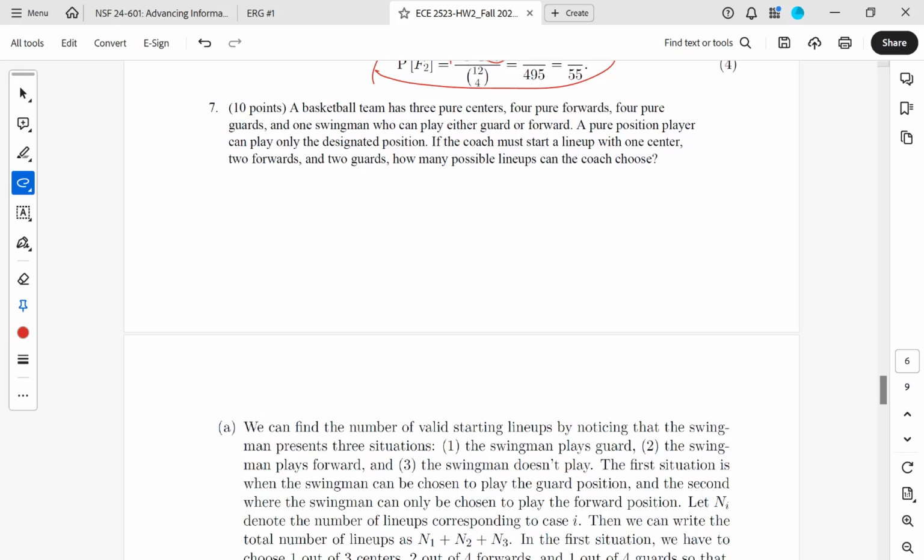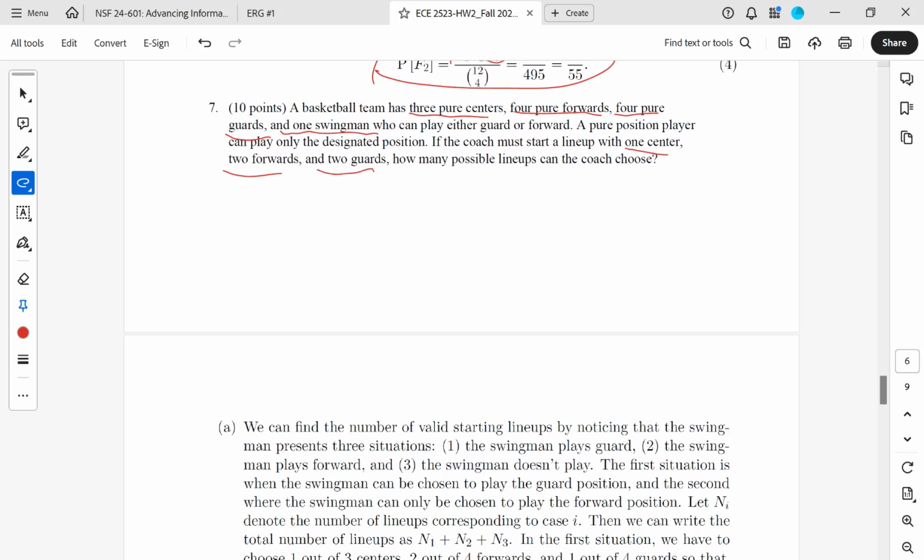Now, the question asks that the coach wants to start the lineup, and it wants to have 1 center. Okay, these are the important part. Let me mark them. The lineup should have 1 center, 2 forward, and 2 guard.